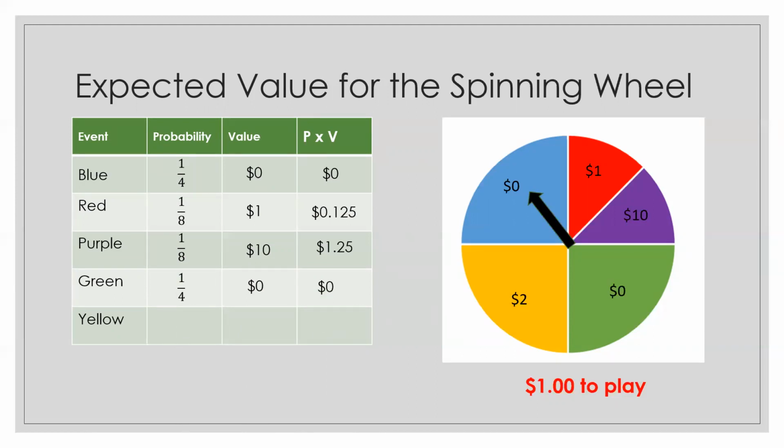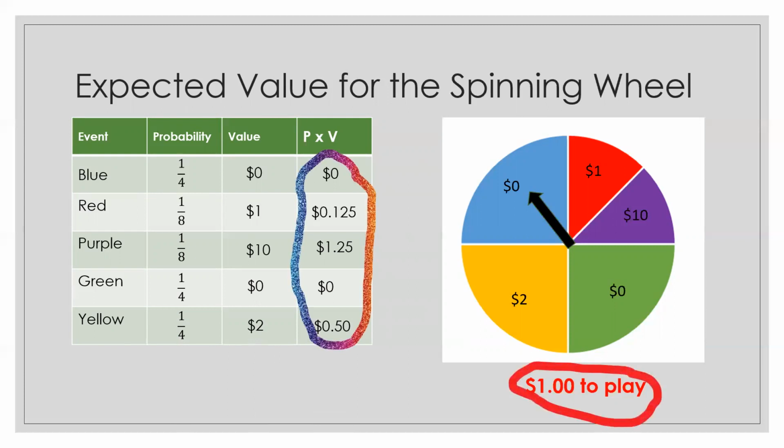Then the yellow will get you $2, and the probability is 1/4, so 1/4 of $2 is 50 cents. If we add up all these values, we get a little more than $1, $1.87.